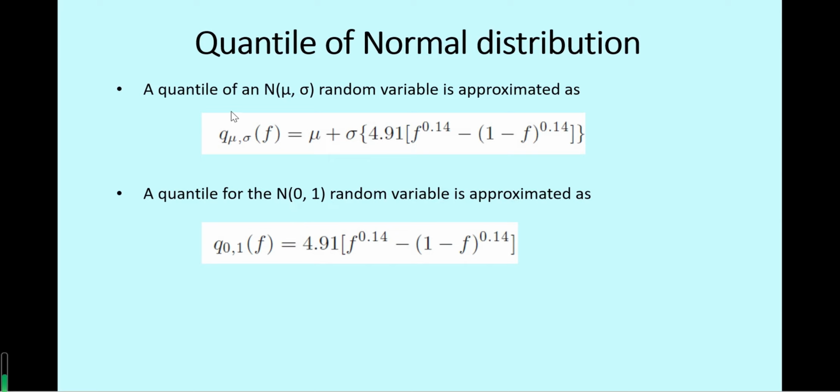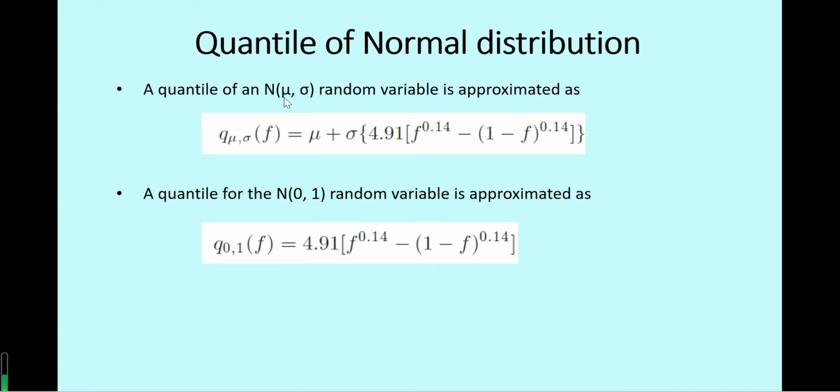So what is the quantile of the normal random variable? If we have the fraction number from 0, 0.1, 0.2, and so on to 1, this represents the cumulative probability, or the fraction of the observations, a fraction of the random numbers.